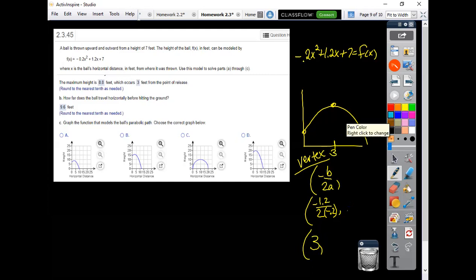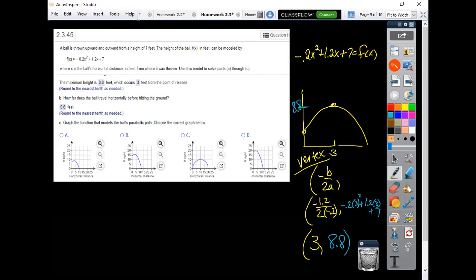So plugging that in, that would give me negative 0.2 times 3 squared plus 1.2 times 3 plus 7. If you crunch that out, I believe that's going to give you 8.8. So this is 3 feet away from where they threw it, and it's 8.8 feet high at that point. So the maximum height is 8.8.